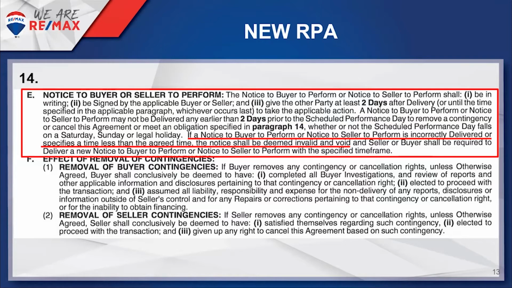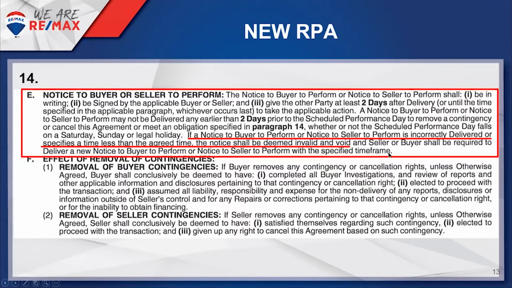I've seen a lot of notices to perform where the listing agent puts down 1 day when it's actually 2. Sometimes we change 2 days to 3 days, and they put down 2 days, not realizing there's a change to 3 days. So they put down the wrong number of days. Well, the contract now makes it clear that's an invalid notice, and it's void.